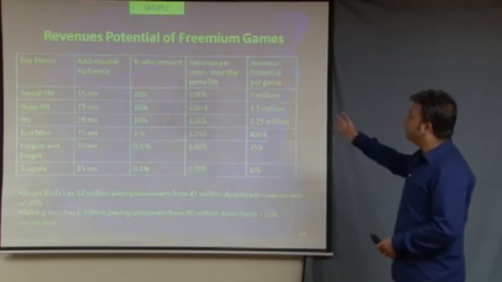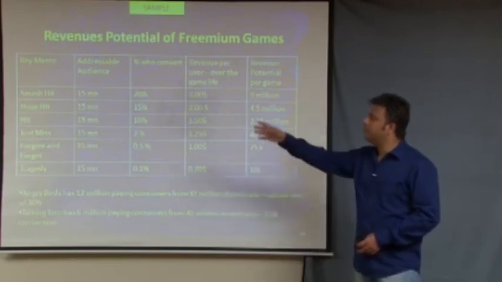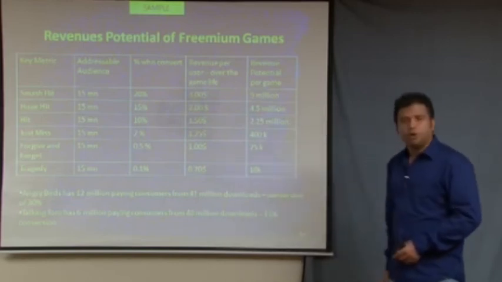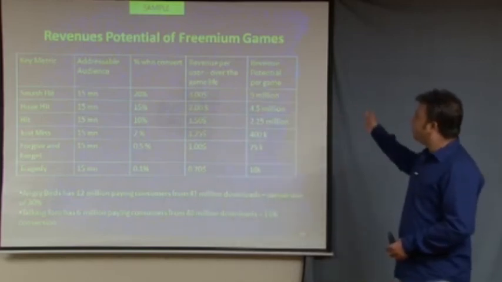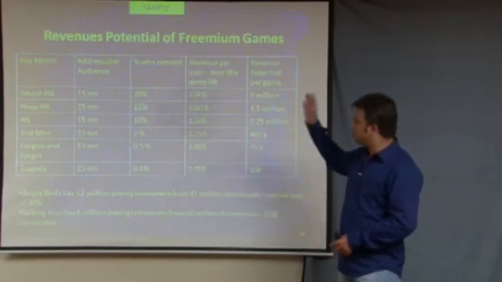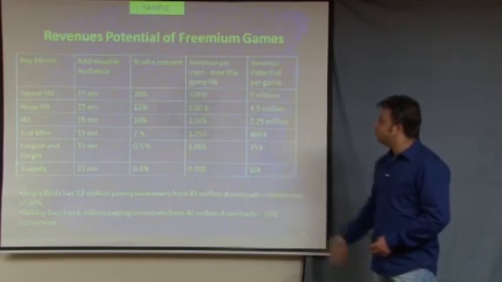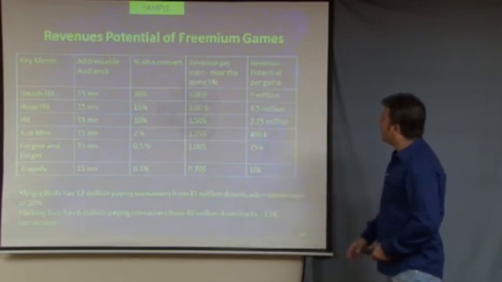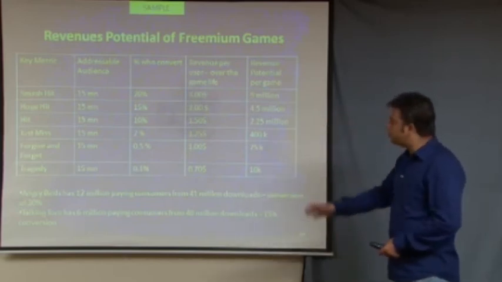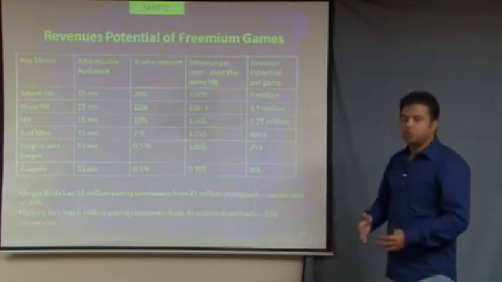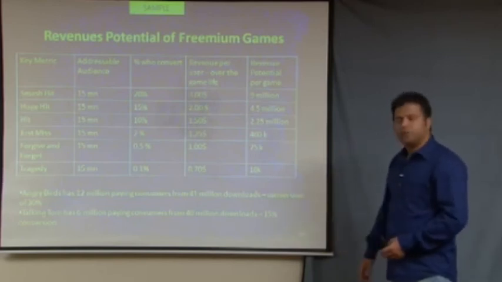So revenue per user, if the game is a smash hit or a tragedy, is either $3 or $0.7. So revenue potential given 15 million customers, the percentage of people that would pay for it, and the revenue per user, if the game was a smash hit, it would be $9 million. If it was a just miss, $400,000, and if it was a tragedy, it would be $10,000.